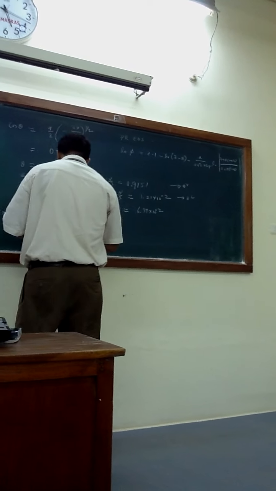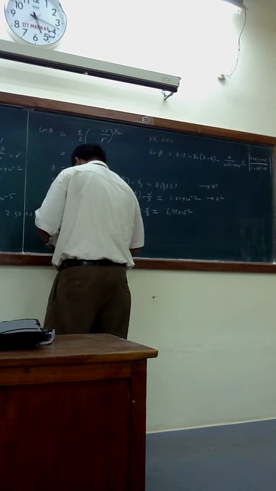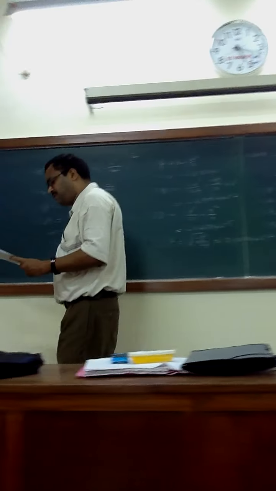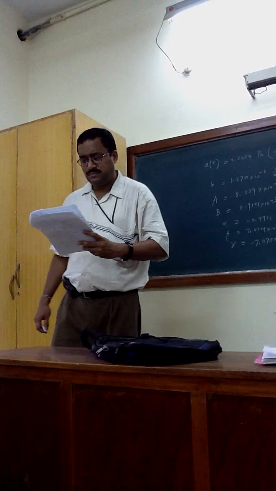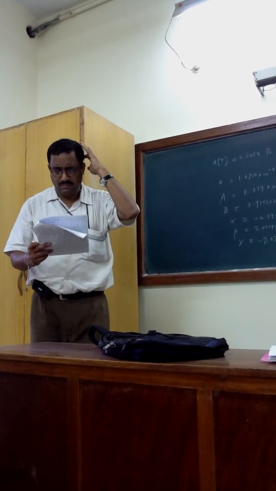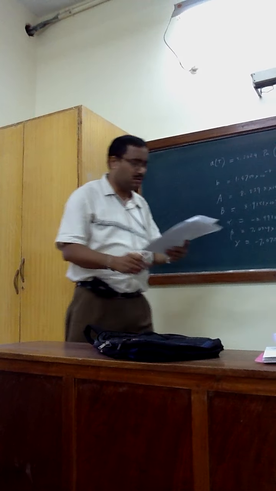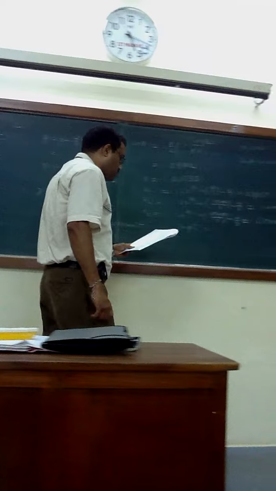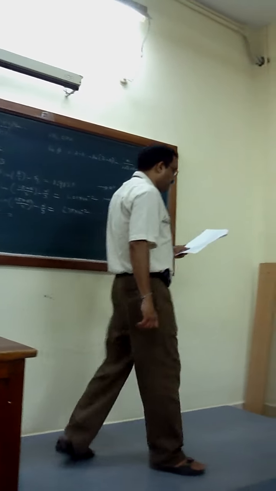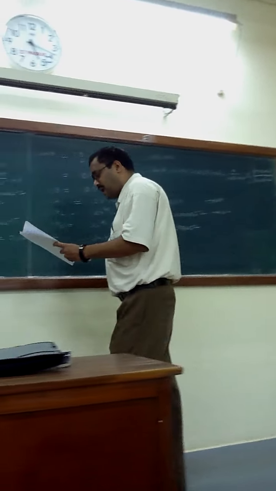So I will first ask ln phi L. The first term will be 1.2106 to the minus 2 minus 1, then minus ln of z minus b. Capital B is already calculated as 8.9151 to the minus 3. So please put it and give me the answer.